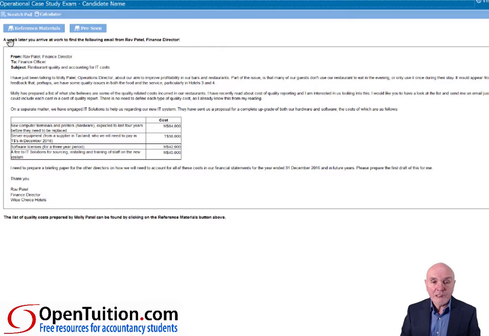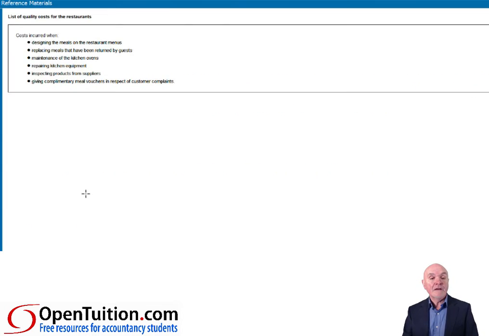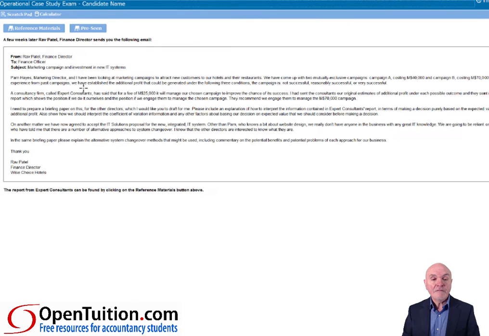And then we have a week later you arrive, and so on. Some more tasks in here. Briefing paper, accounting for costs. These are the IT costs that they want to be accounting for. And then the final requirement, final section in here.